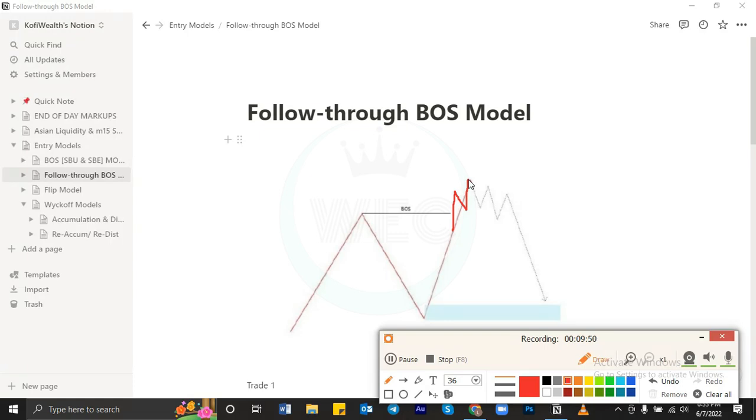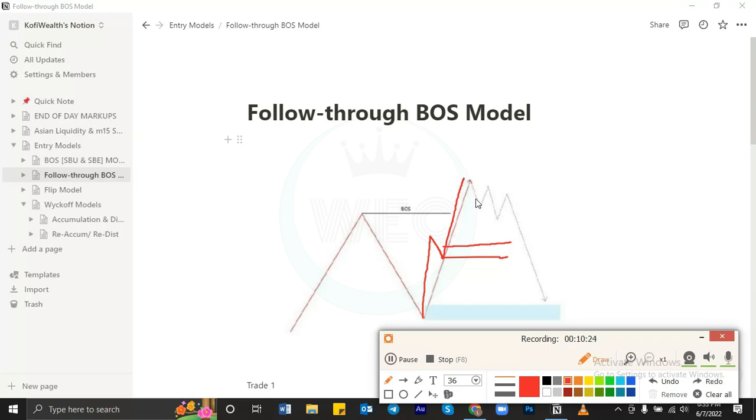No. But let's say on the 5 minutes, you might have 5 minutes internal structure doing something like this, and you know that there is a higher possibility of this 5 minute structure breaking due to certain confluences which you might have. And the 1 minute will not give you any solid confirmation like I did in the beginning, that kind of break of structure entry model. The 1 minute might not give you that.